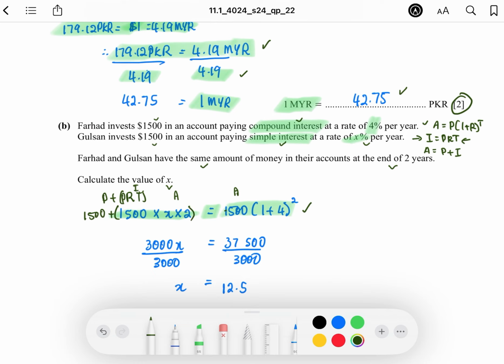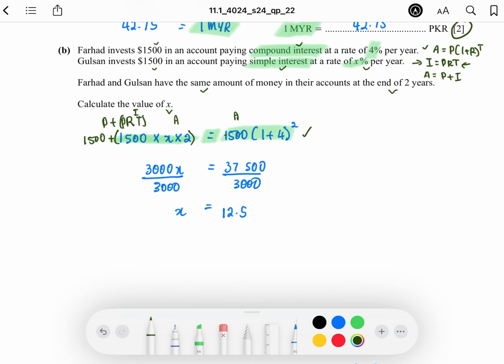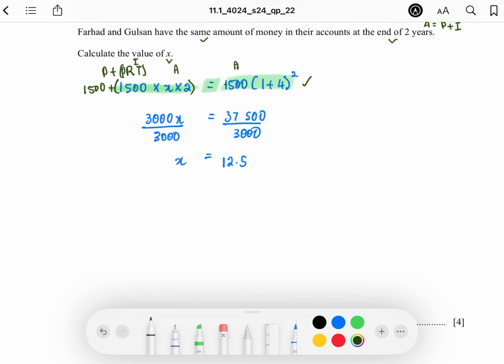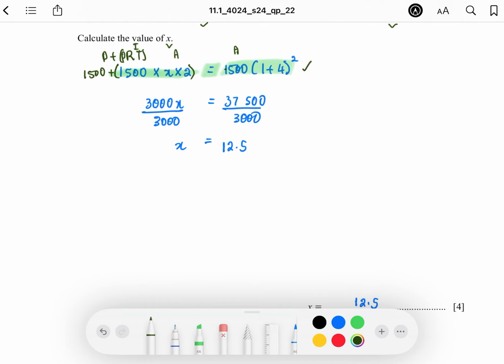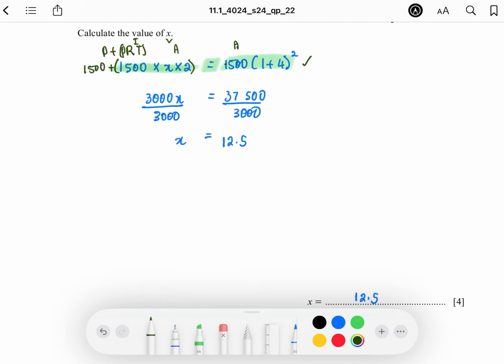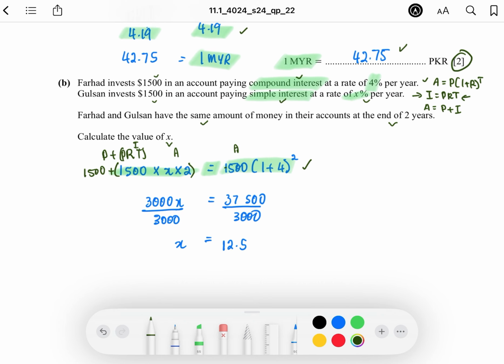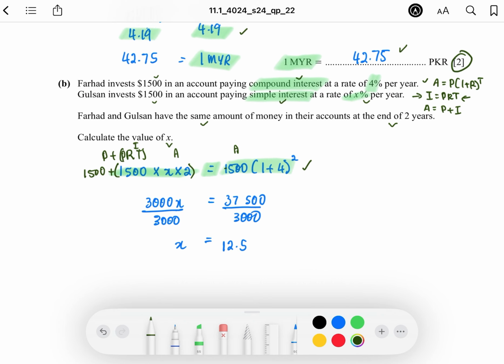So from there we already know that that is wrong. And the final answer 12.5 is quite too far off from 4%. So we know that it is wrong. The mistake made here was that the principal was not included.